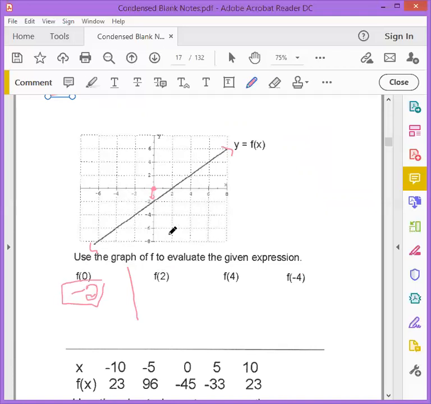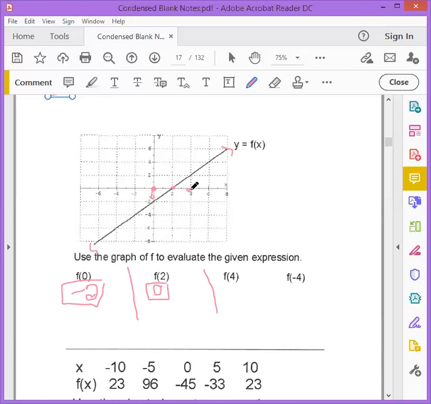F of 2: what happens to our graph when we're at 2 on the x-axis? The graph is right here on the x-axis, so the graph is at 0. The value of this function when x is 2 will be 0. Now the value of the function when x is 4.